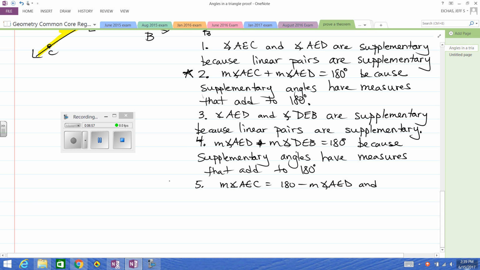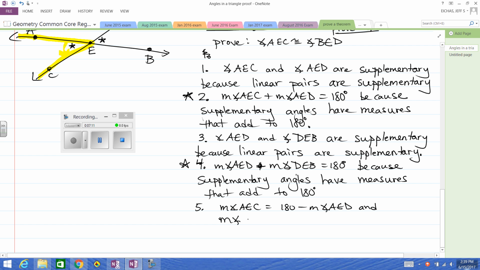And I am going to lump these together. So I'm going to take 2 and 4, and I'm going to put them in the same kind of setup, so that angle DEB also equals 180, but look at that.